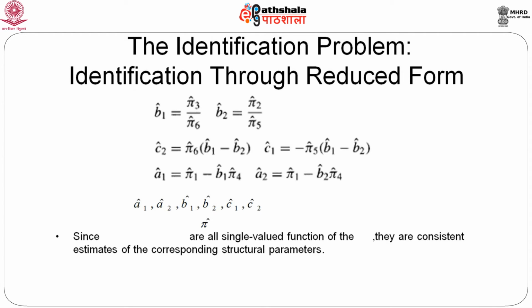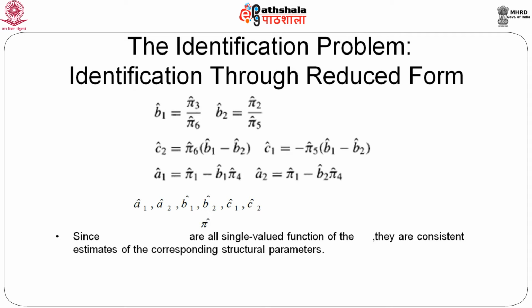Now, using the estimated values of the reduced form coefficients, you can generate the original structural form parameters, which is our basic interest, because our basic interest is to find not the reduced form parameters, but the original structural form parameters A1, A2, B1, B2, C1 and C2.